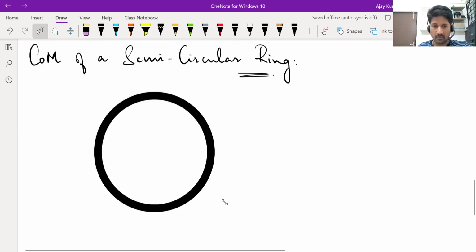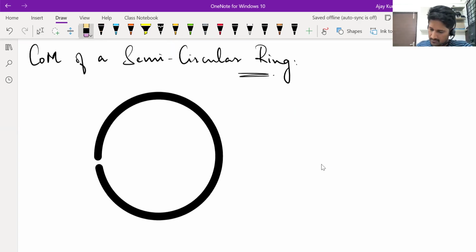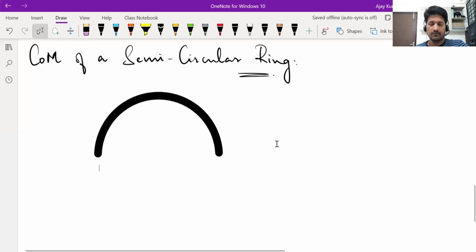How we are approaching, how we are solving is what is important. So suppose there is a semicircular ring, which is basically nothing but half circle like this. We have to find out where its center of mass lies.